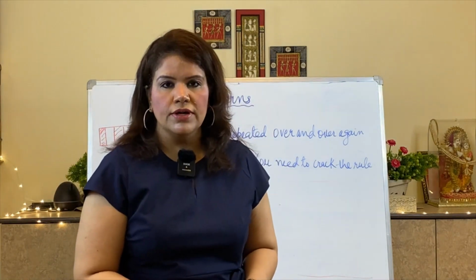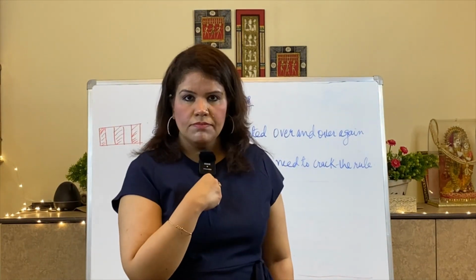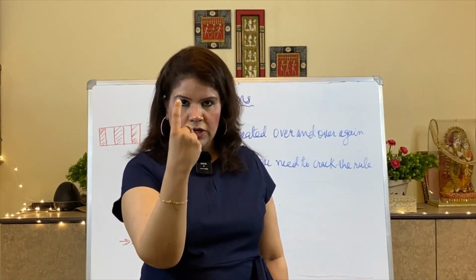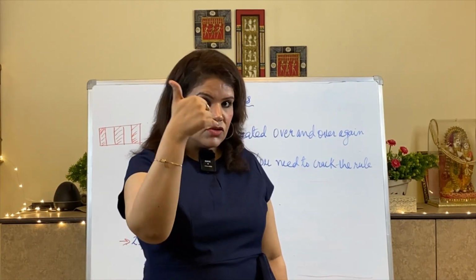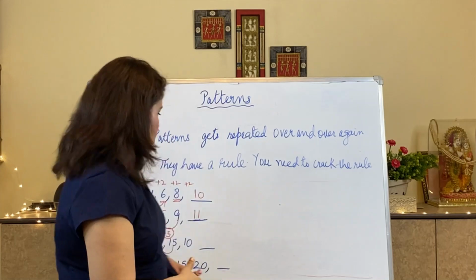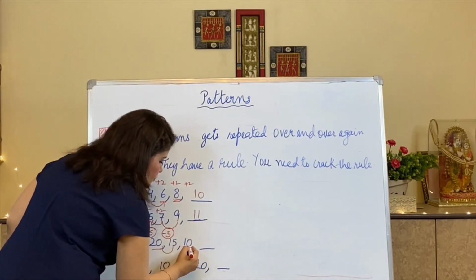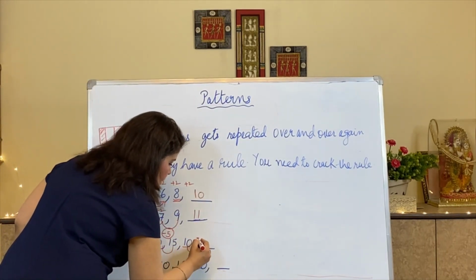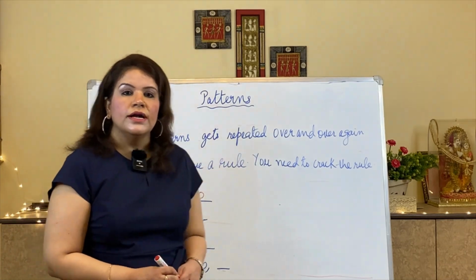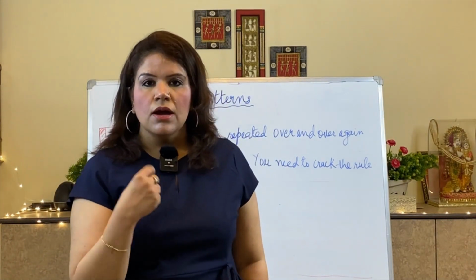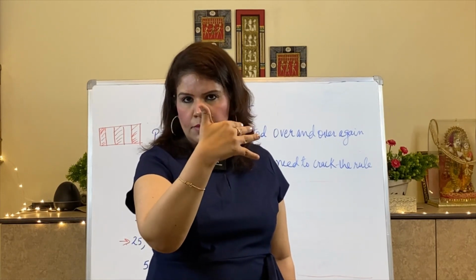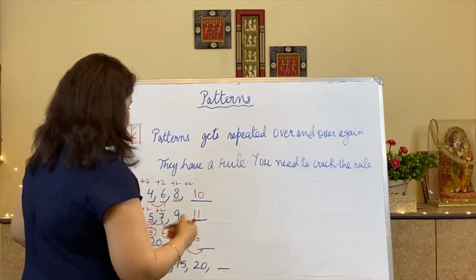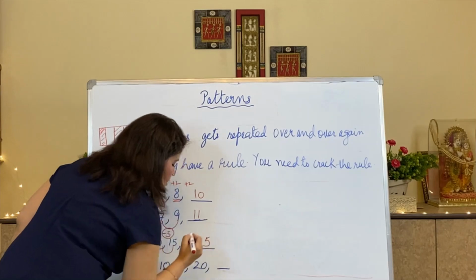Again the reverse counting. 15 is in my mind. I will start from 14, 13, 12, 11, 10. So this 5th one is giving my answer. So from 10, if I have to subtract minus 5, then how will I do it? 10 is in my mind. 9, 8, 7, 6, and this thumb is giving me the answer 5. So 5 is my answer.